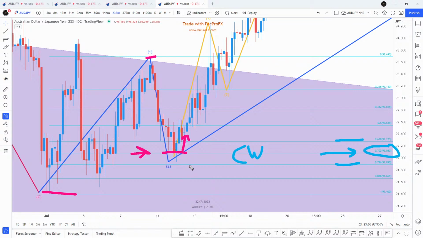If I see it come down close to the 786 or the 886 level, and these are the possible 3 levels. Most of the time, 95% of the time, these are the 3 levels that the wave 2 will pull back to. Okay, it's very, very common that they pull back this much.